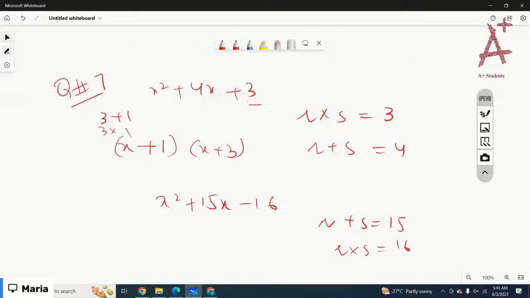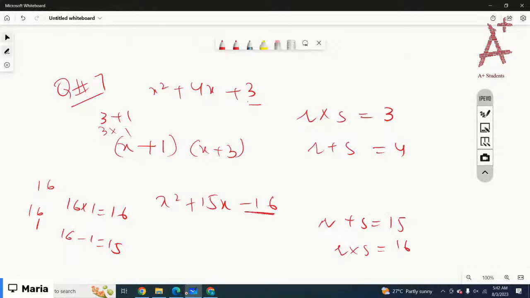No, when you multiply 15 and 1, it makes 15. Let's just make the factors for 16. 16 times 1, yes, because 16 minus 1 makes 15, right? So they are 16 and 1.